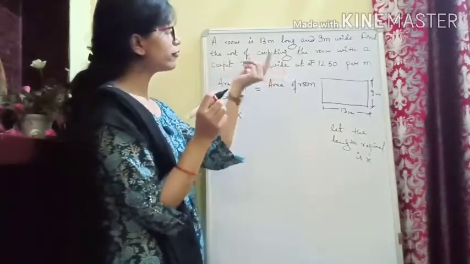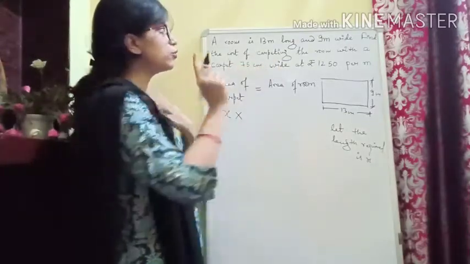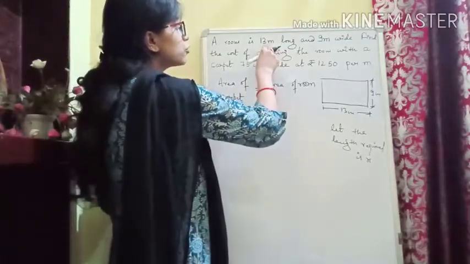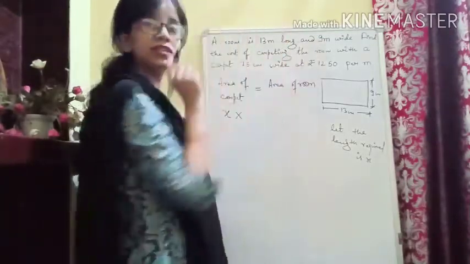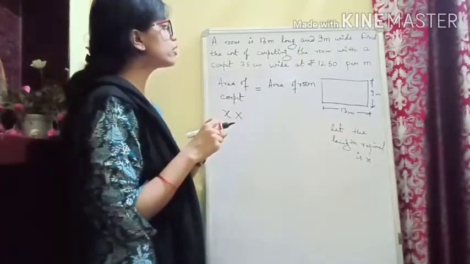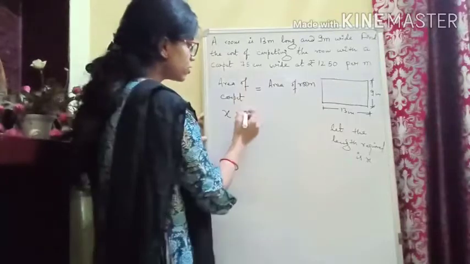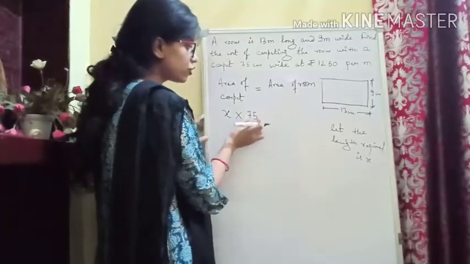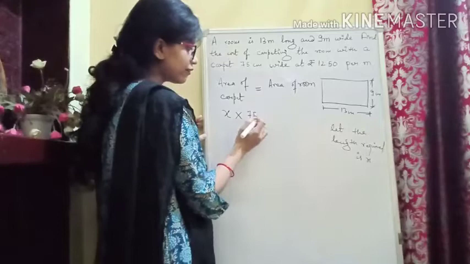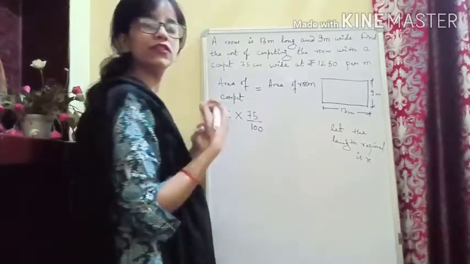The width or breadth of the carpet is given 75 centimeter, but you see here for the room it is all given in meter. So we will convert centimeter into meter. How to convert centimeter into meter? By dividing by 100. So 75 is your breadth, and when we divide it by 100 it will convert into meter.